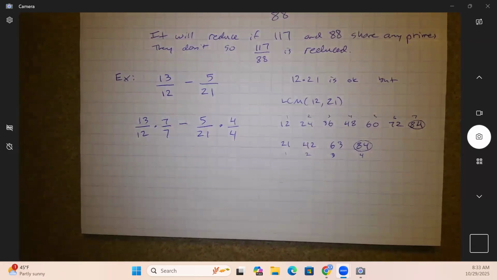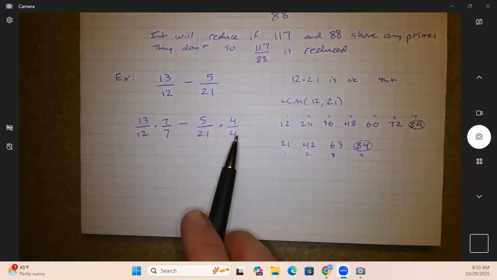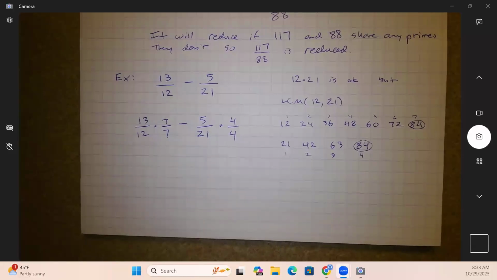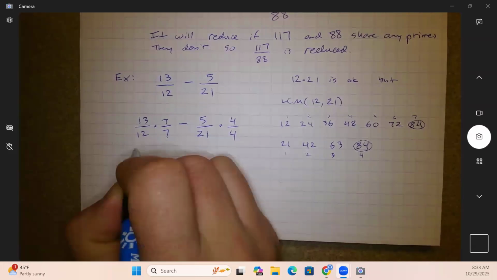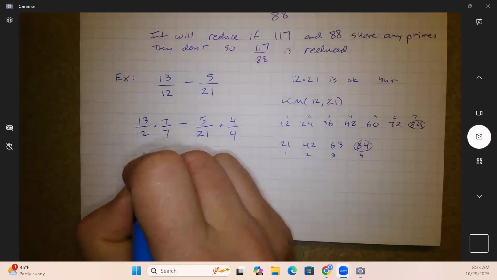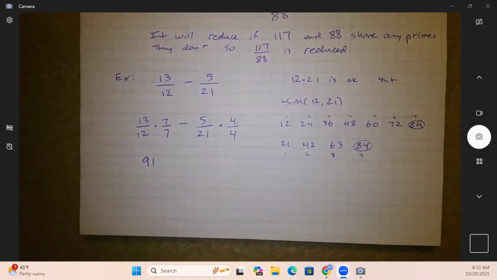I did a little bit more work on the front end, but my arithmetic's going to be easier at this point, right? Because 13 times 7 is easier than 13 times 21. So I get 13 times 7, which is 70 plus 21, which is 91, which is probably the most prime looking number that's not actually prime. I think it's like, wow, 91's not prime. That always surprises me.